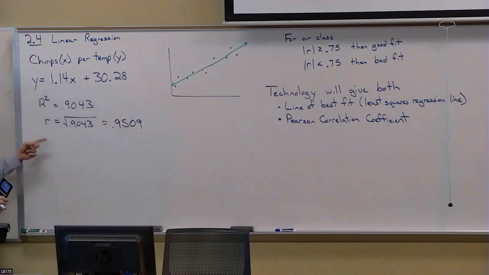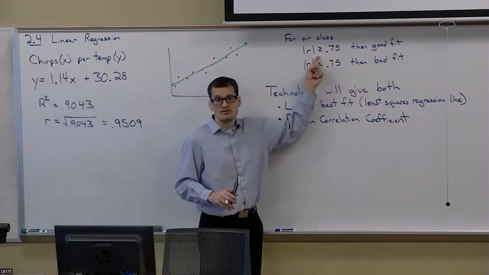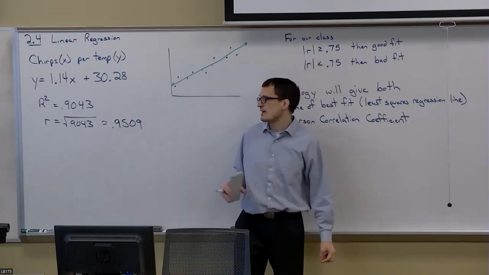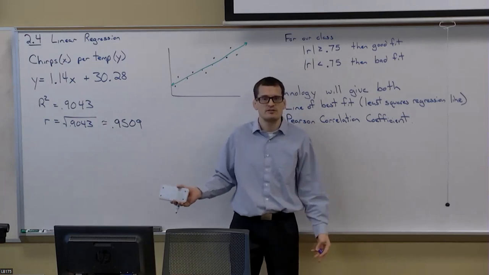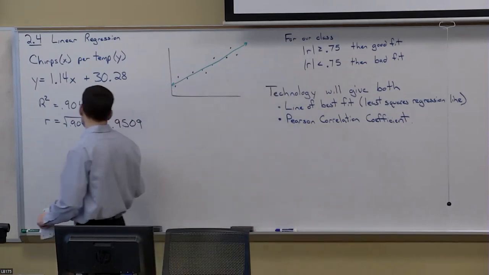By the way, does that mean we have a good fit? Is our line a good fit or a bad fit to the data? Well, 0.95 is bigger than 0.75. So for this class, we're calling that a good fit. There might be a scenario somewhere out there where that's not good enough. But for our class, that's a good fit.